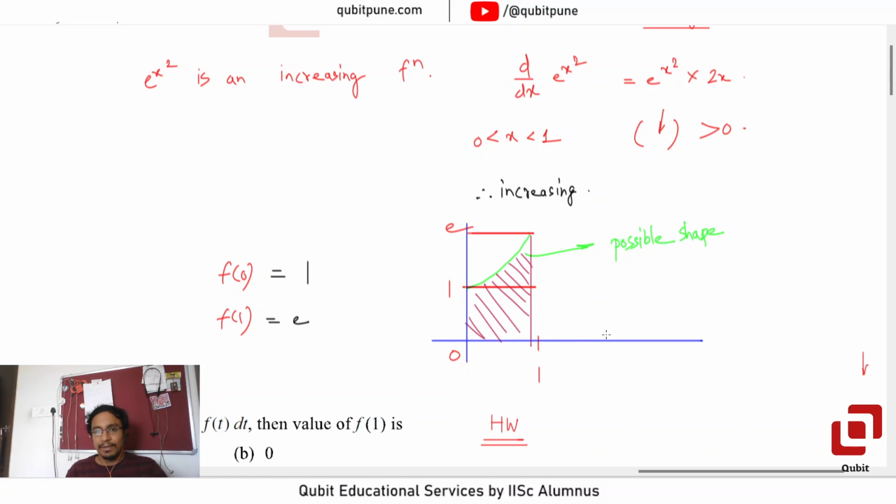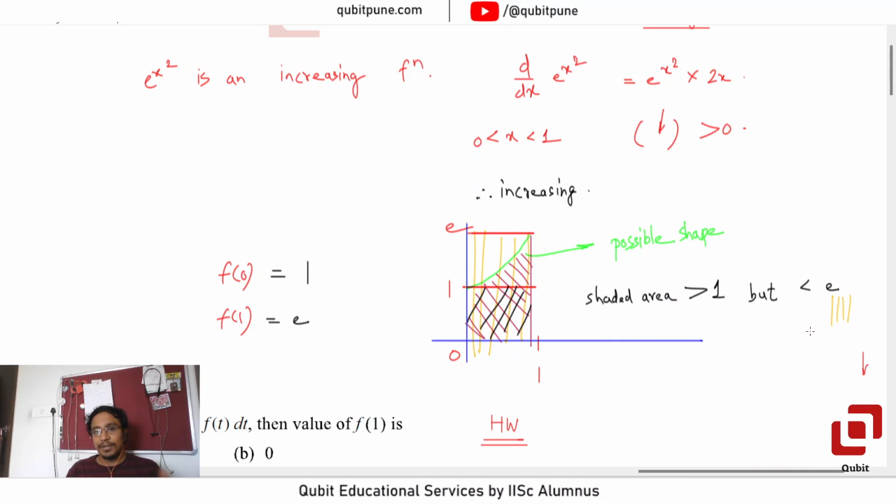So this shaded area will be greater than 1 because 1 is this square, but less than e. e will be this whole area.